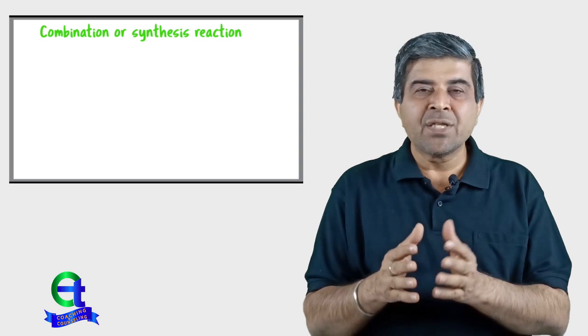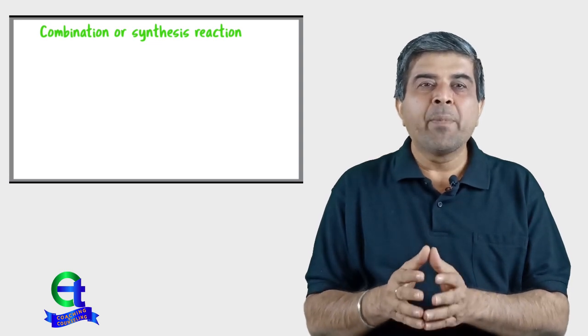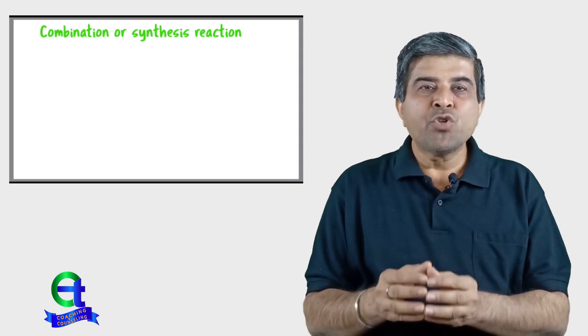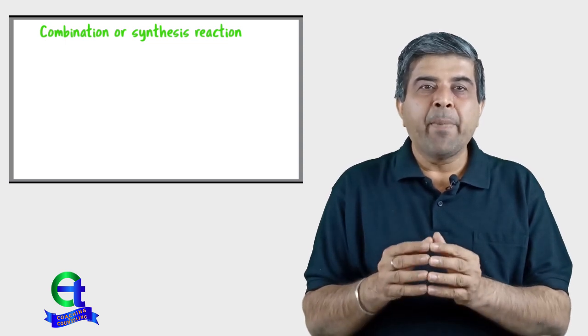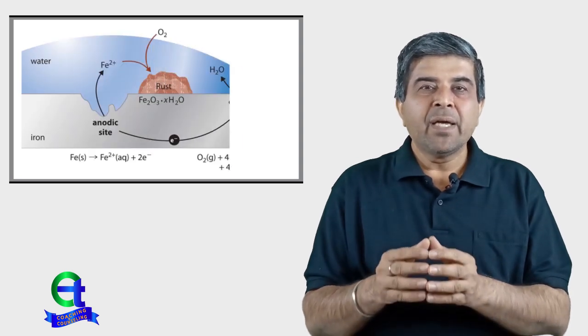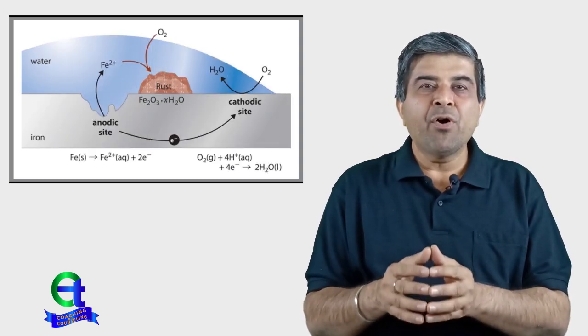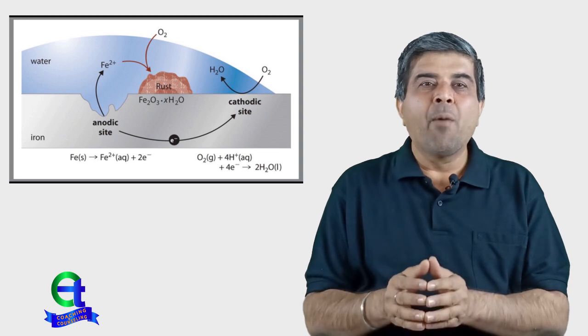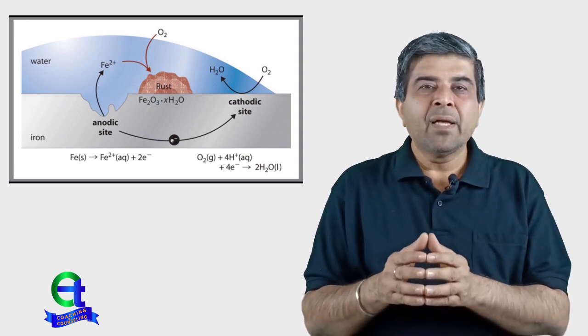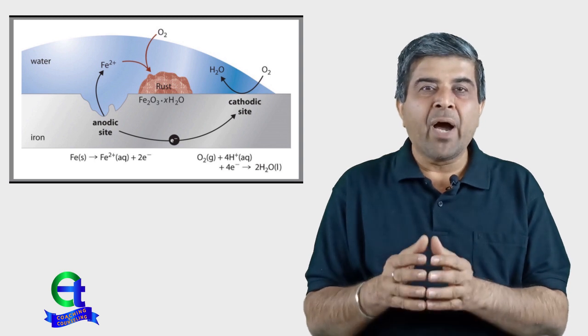Let's see an illustration of combination reaction. In corrosion of metal, when metal comes in contact with oxygen, it combines with oxygen to form metal oxide. A common example would be rusting of iron.